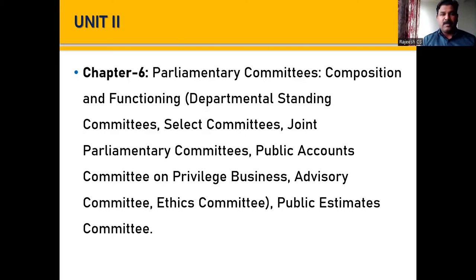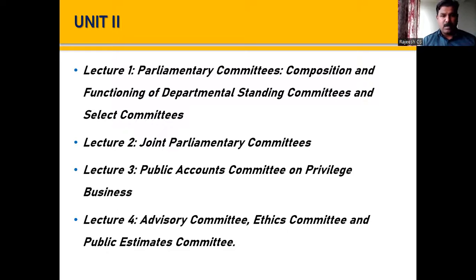Chapter 6 will deal with four different lectures. In them, we will be dealing with topics including the composition and functioning of departmental standing committees and select committees, joint parliamentary committees, public accounts committee, committee on privileges, business advisory committees, ethics committee, and public estimates committee.